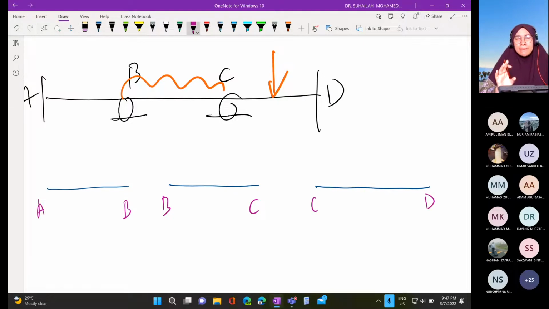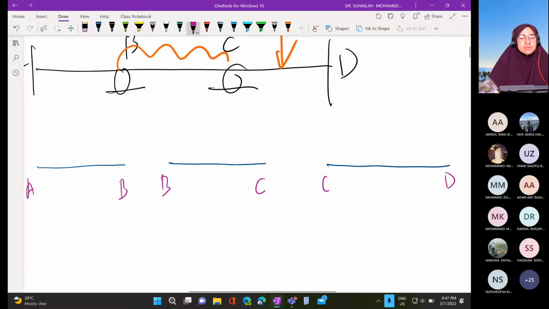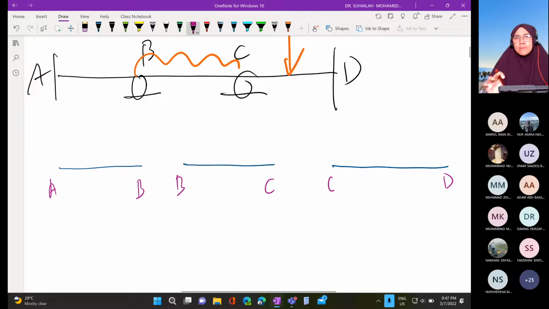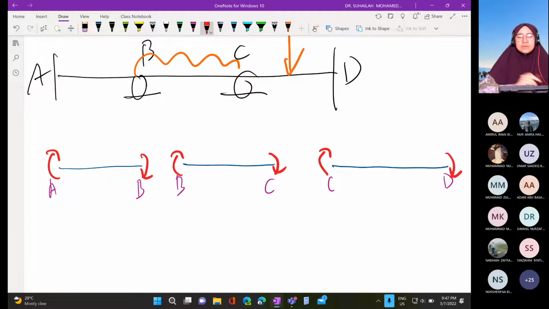So member end moment refers to the moment at each end for each member. And at the beginning of the process, we assume all positive.